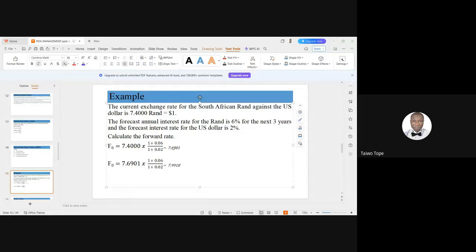One divided by 7.4. If you are using the indirect quote, it will be 0.135. The same thing is also applicable to this for the indirect quote. This is the formula.